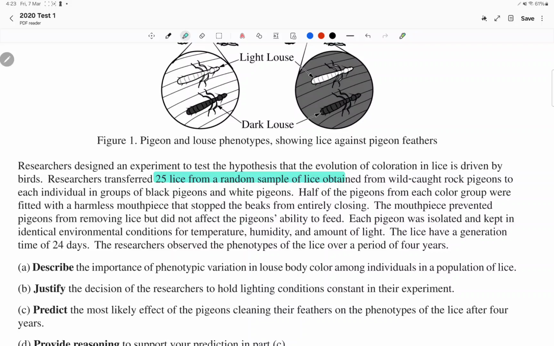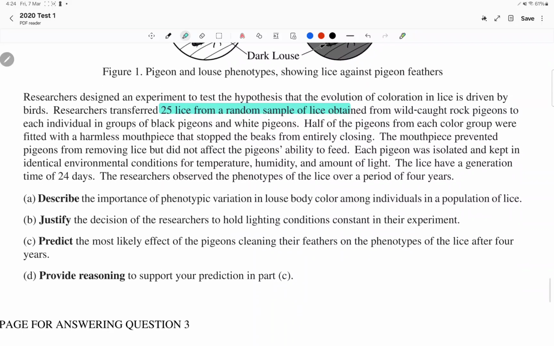The mouthpiece would prevent the pigeons from taking the lice out, but they could still eat. Each pigeon was isolated and kept in identical environmental conditions for temperature, humidity, and amount of light. The lice reproduce every 24 days. The researchers observed the phenotypes of lice over a period of 4 years.